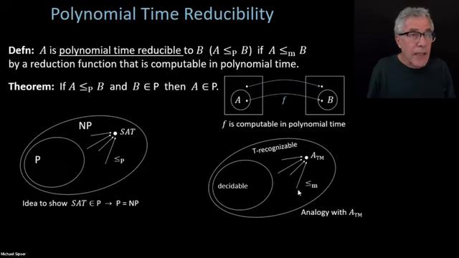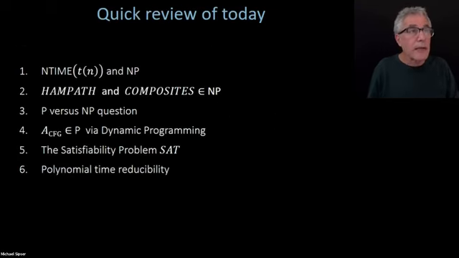And so it's a very similar picture. There are a lot of analogies here that you can draw between the computability section and the complexity section. Anyway, with that, I know we're just about out of time, so that's a quick review of what we've done here. And I will stick around for questions for a while.